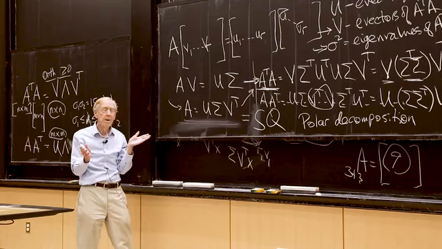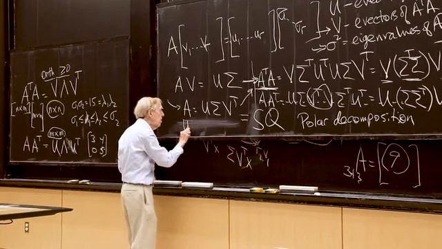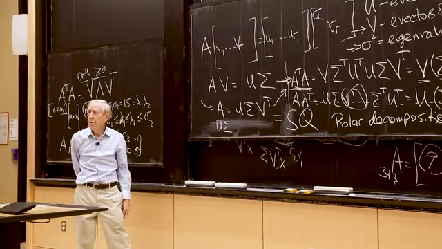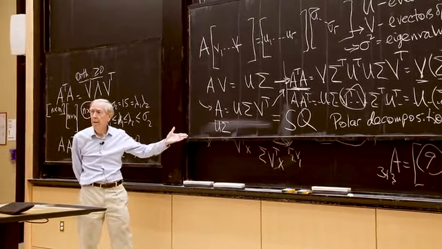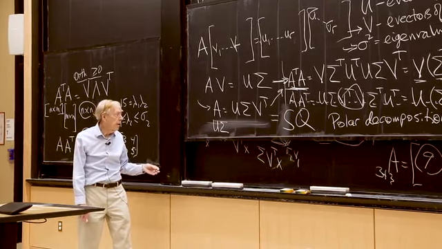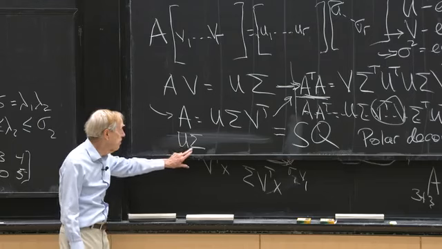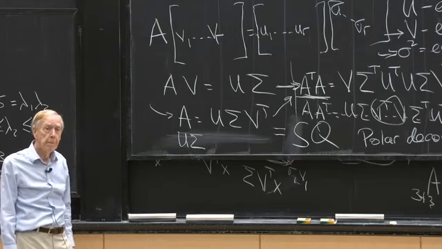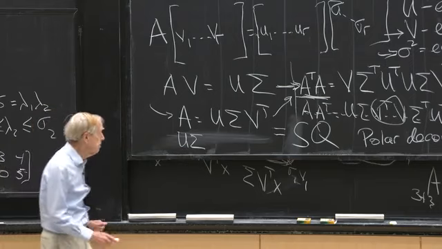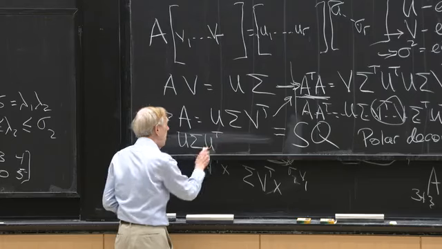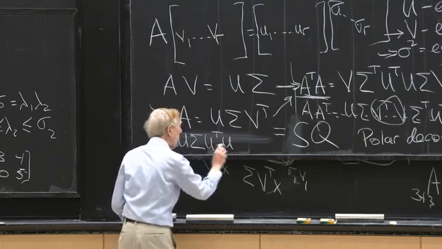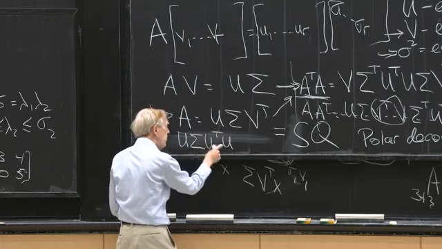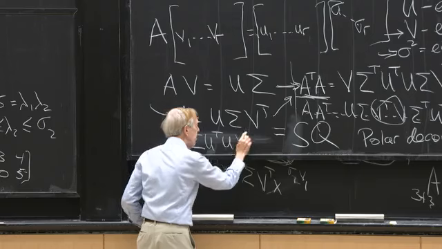Let me start: U sigma, but now I'm looking for an S. If I've got U sigma something and I want it to be symmetric, I should put in U transpose. But then if I put in U transpose, I've got to put in U. So now I've got U sigma U transpose, U transpose U is the identity. Now I've got to get V transpose.